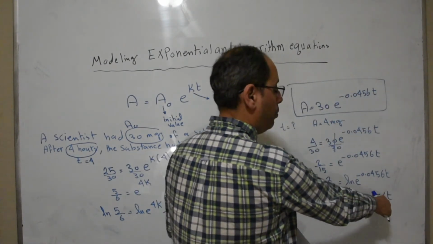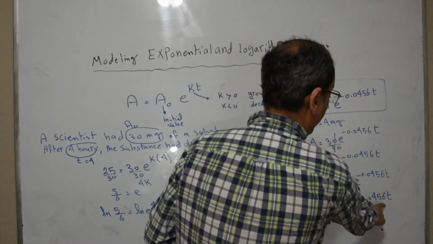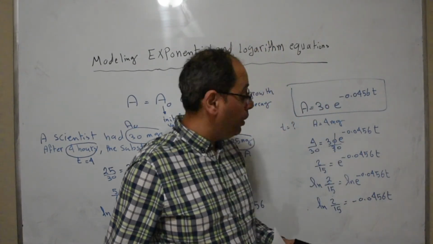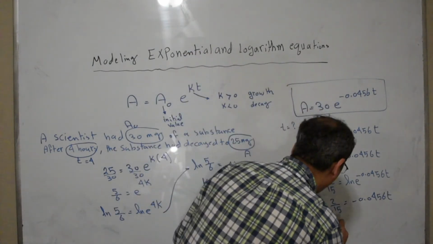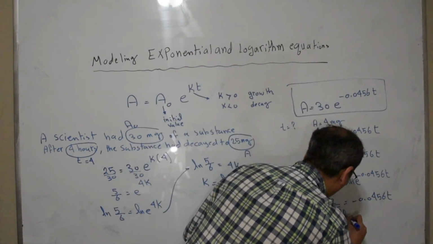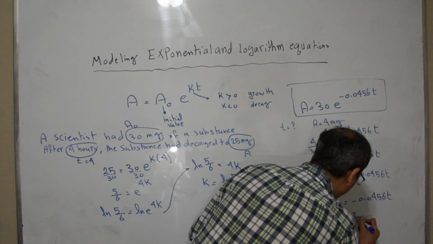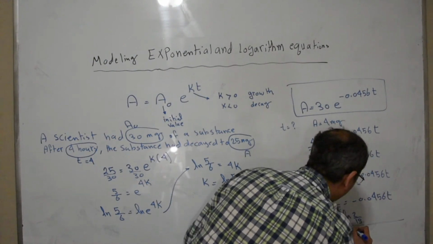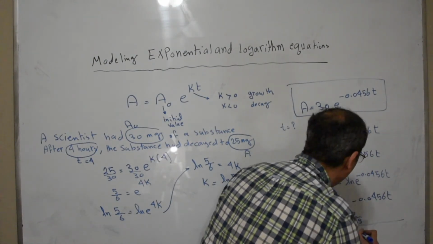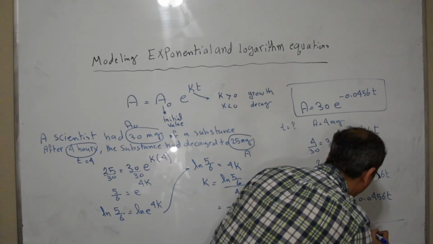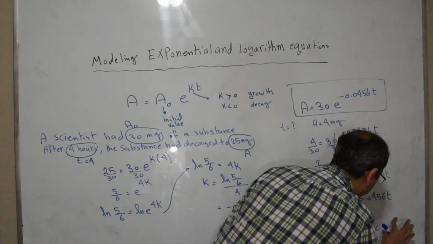And now we solve for t, so I divide by negative 0.0456. So t equals the natural log of 2/15 divided by negative 0.0456.